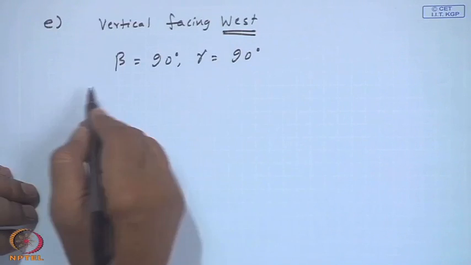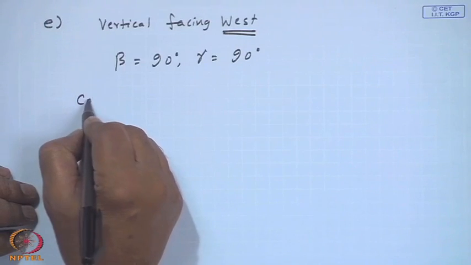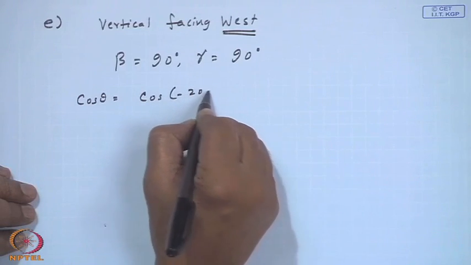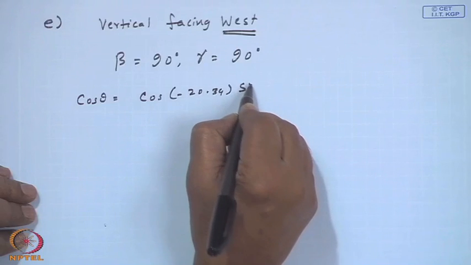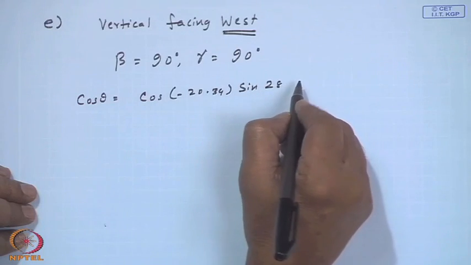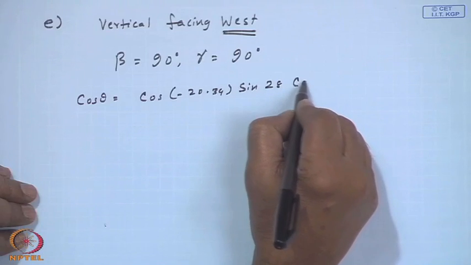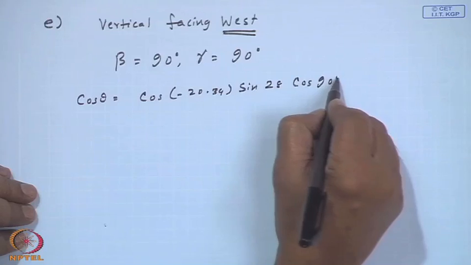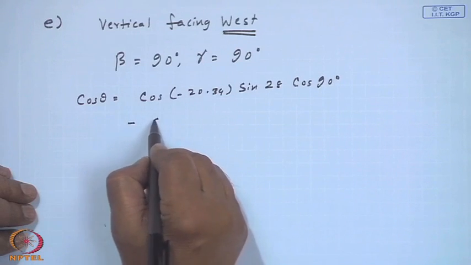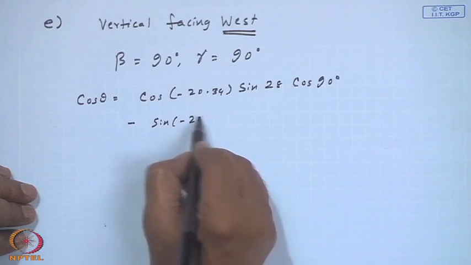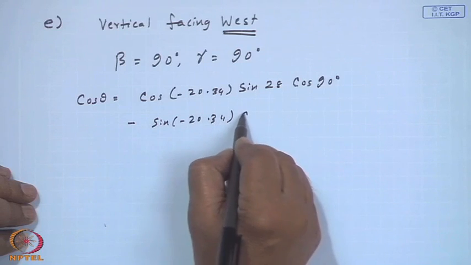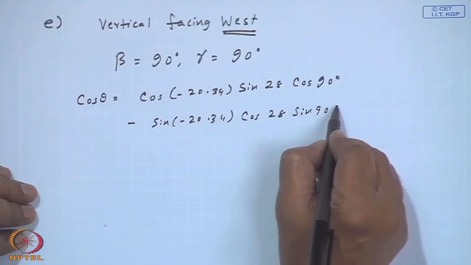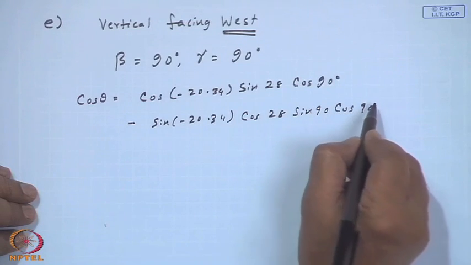equation, which I shall also write in terms of cos theta equal to cos delta sin phi times cos beta or gamma, cos 90 degrees, minus sin phi cos delta sin 90 cos 90.